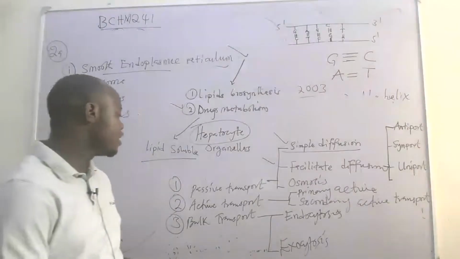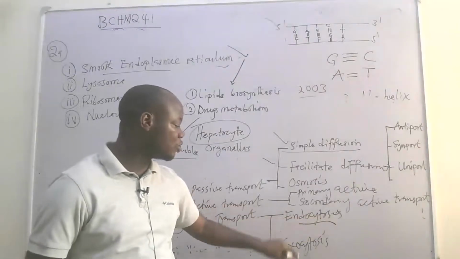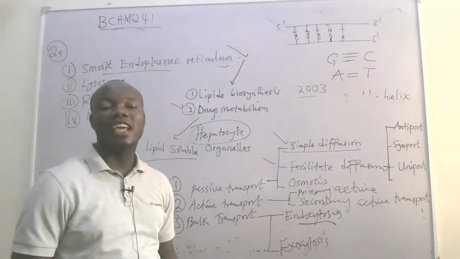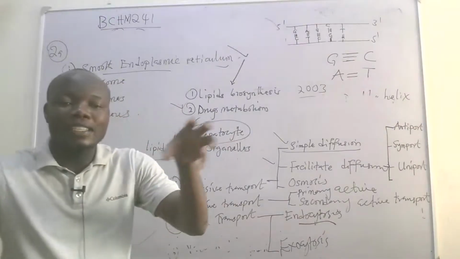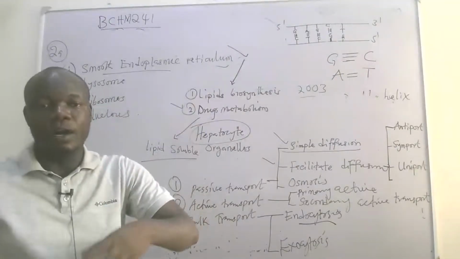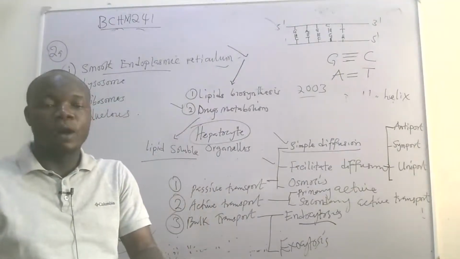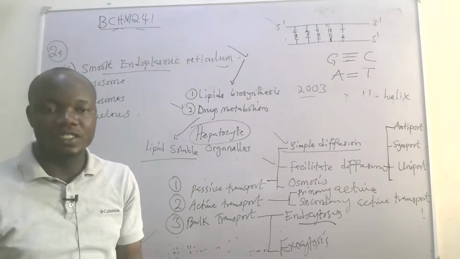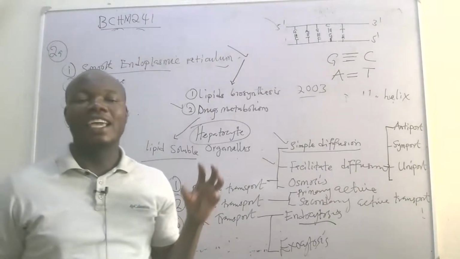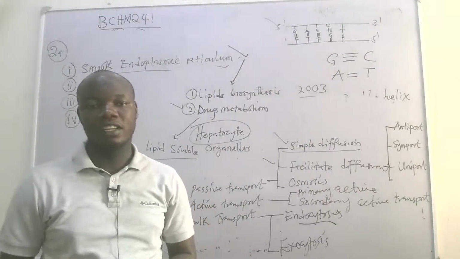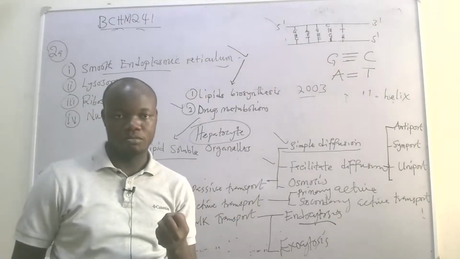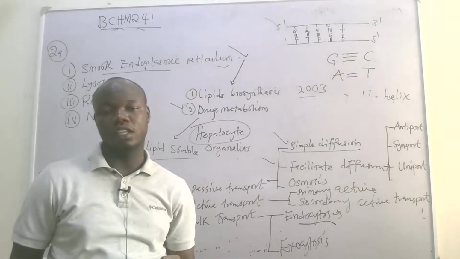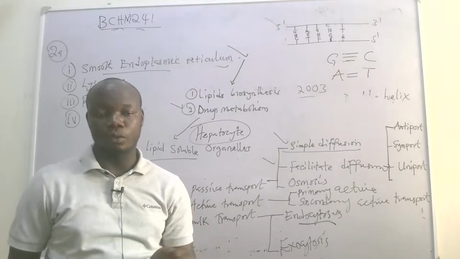Endocytosis is a type of transport in which phagocytes, macrophages, dendritic cells or mast cells identify a pathogen, a bacteria, engulf it, ingest it into the cell, and then it will be digested.